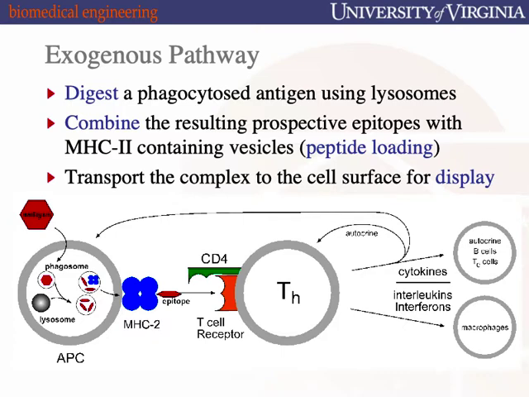All right, so one way to think about the exogenous pathway is exo, right, is outside. And so these peptide motifs and the bacteria, these antigens, never actually access inside the cell. If you remember when we talked about membranes, this idea that the lumen of a vesicle that's inside the cell is still outside the cell, meaning it does not have access to the cytoplasm of the cell.